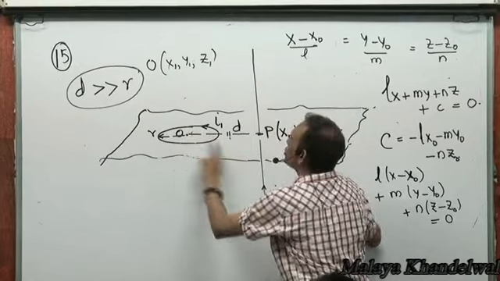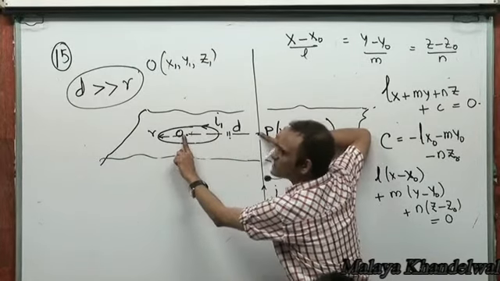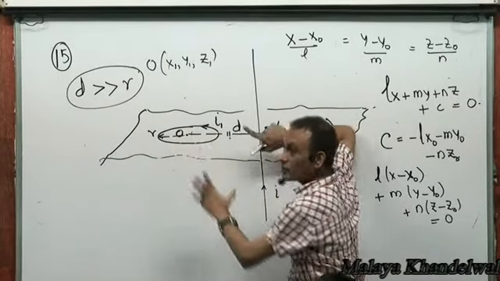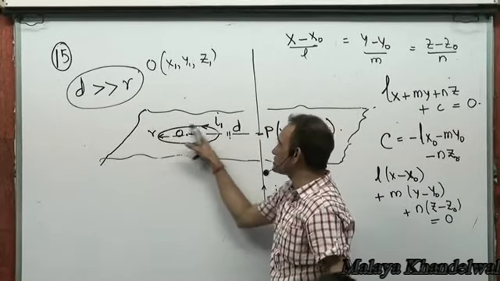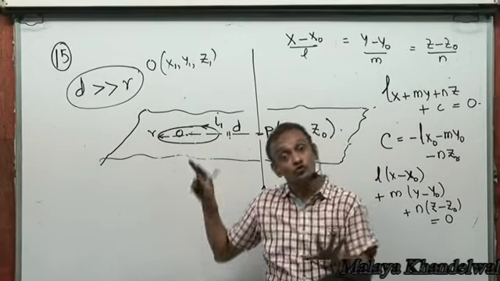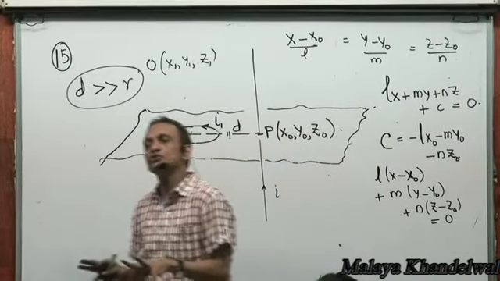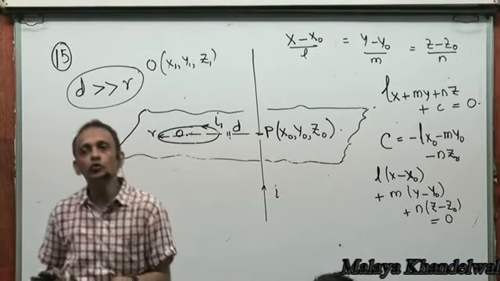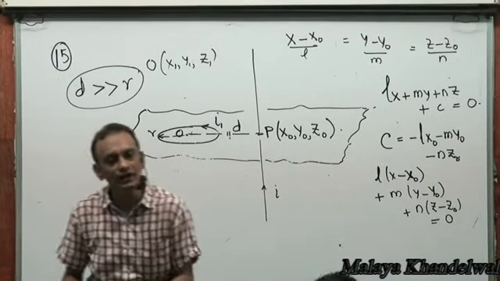All points on this circular loop are practically at the same distance D because r is very small. So the magnetic field at all points on this circular loop would be the magnetic field at O. Yes or no?